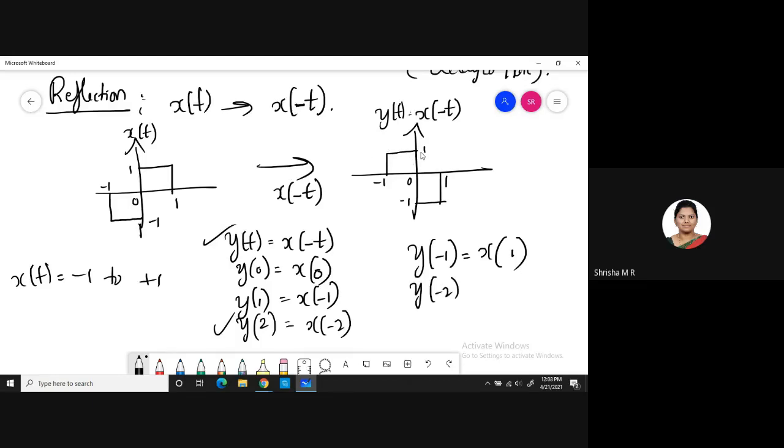At y of -2, we'll have x of 2. We can stop our iteration here because we have a signal from -1 to +1. In a few textbooks, they would have given you iterations, but reflection is nothing but folding or mirror image about the y-axis or vertical axis. Clear, everyone?